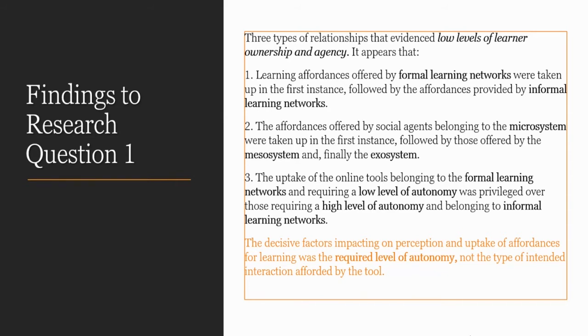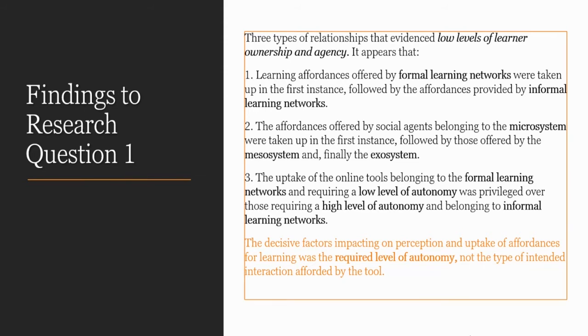The more challenging, that means that more proactive attitude was required from students, the less they were uptaking these affordances, which allowed me to come to the conclusion that the decisive factor impacting on perception and uptake of affordances for learning was the required level of autonomy, not necessarily the type of intended interaction afforded by the tool.